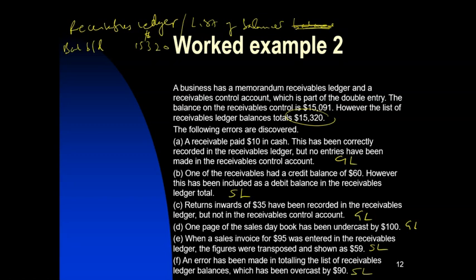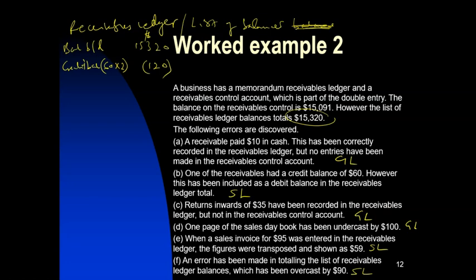So you need to ask yourself what is going on, because if a receivable had a credit balance but we recorded it as a debit balance, there could be some double impact there. So 60 by 2, because we have to correct that to reverse the impact. We just have to deduct it.